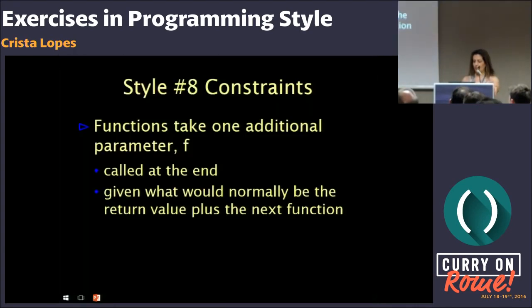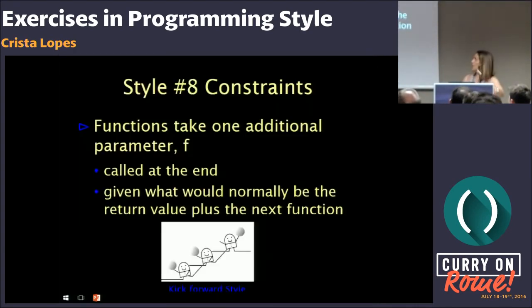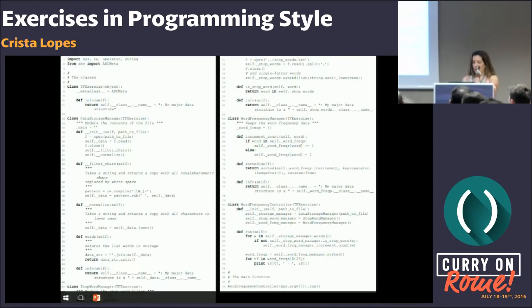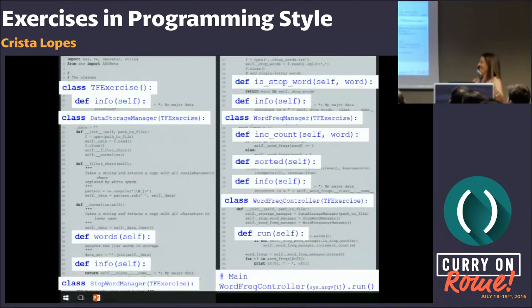I'm time limited here. Basically, all these functions take one additional parameter that is called at the end. All right, what is this? This is basically, so I can go to describe what this is, but you can already kind of see, right?